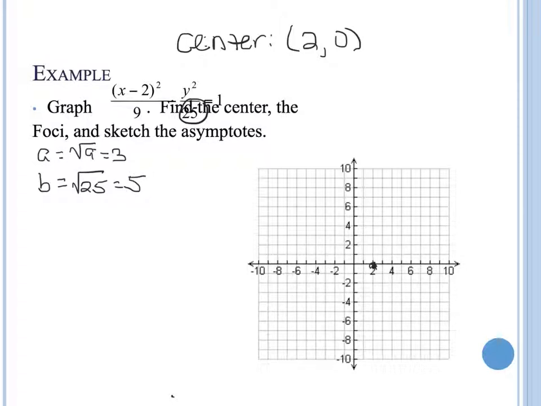So from the point 2 on the x-axis, I'm going over 3, and over 3, and then back to that center point at 2, 0, I'm going up and down 5 to help form my box. Okay, and now I'm going to use that box to help me get my asymptotes, which are my guidelines.